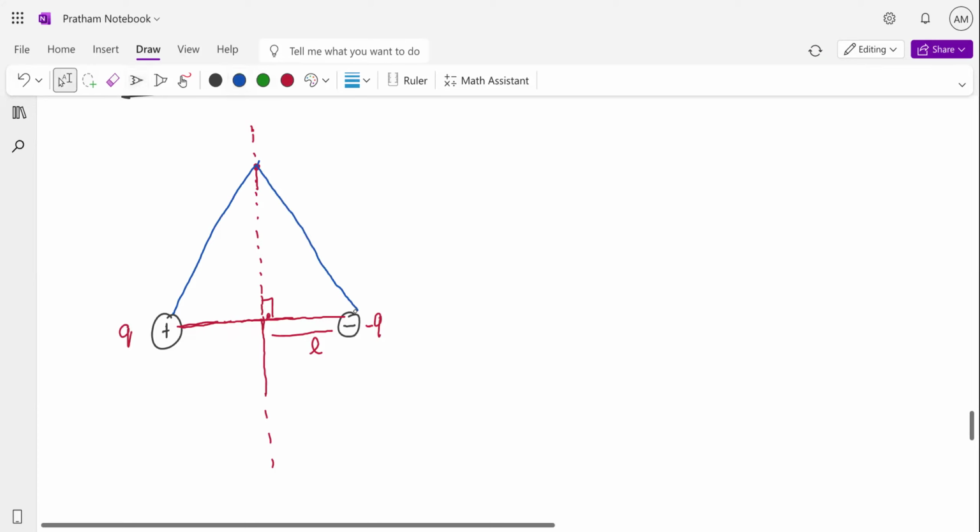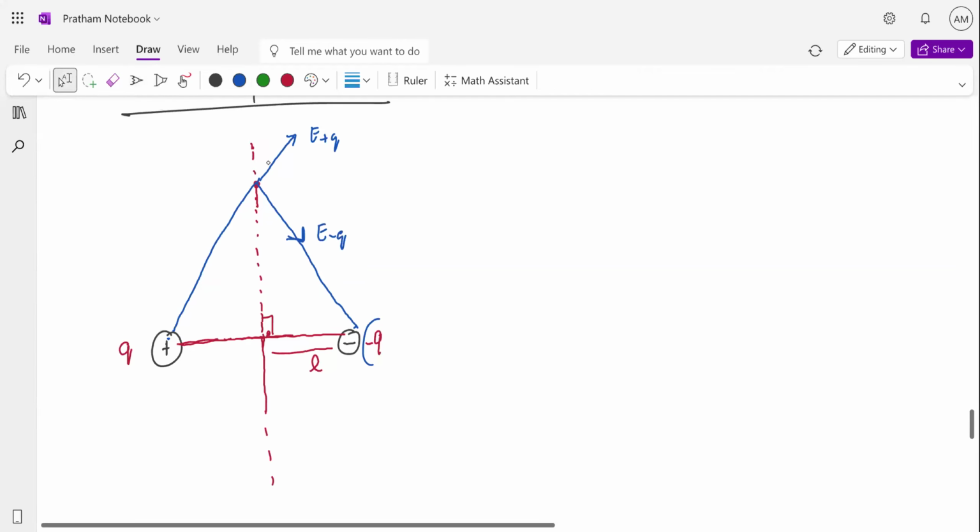One more thing is very well known, that there is symmetry on both sides. So let's calculate the electric field. Electric field due to this will be in this direction, E positive Q. Due to this, it will be in this direction, towards the right, E negative Q. Also, if I say this is angle theta, this will also be theta.